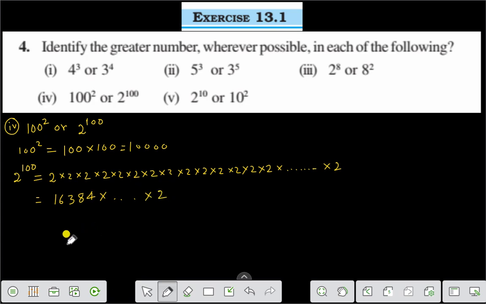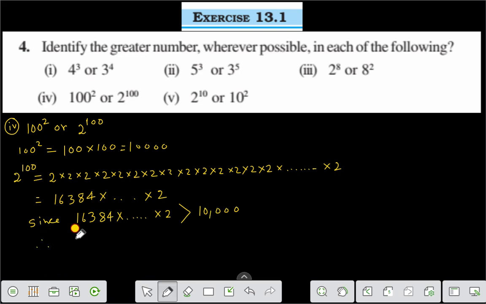Now here you see that since 16,384 into dash dash dash into 2 is greater than 10,000, right?